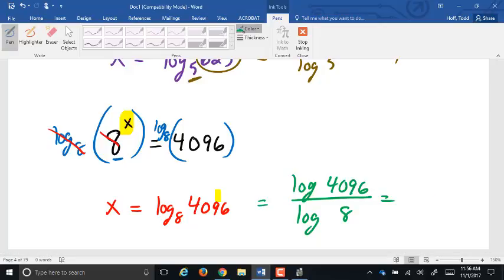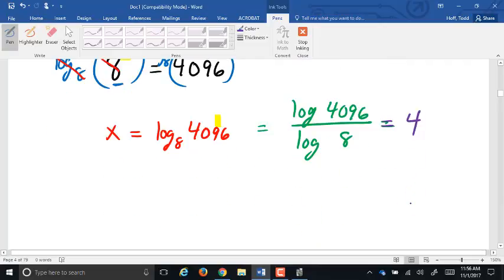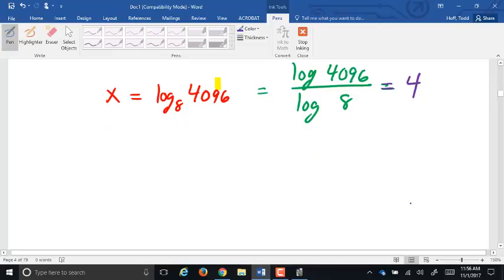So if you divide that out, what are you going to get? Four, perfect. Anybody having problems getting that to work on their calculator?